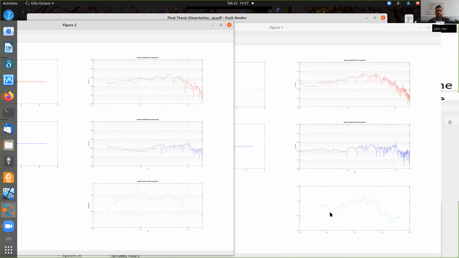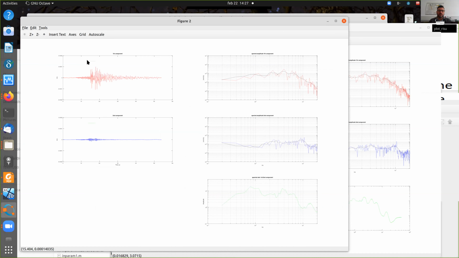So why is this important? Because on one side, we would like to have the information about the amplification of shear waves. But to have information mainly only on the shear waves, we should take a window of signal, like in this case, relatively small, and avoiding all the secondary phases.